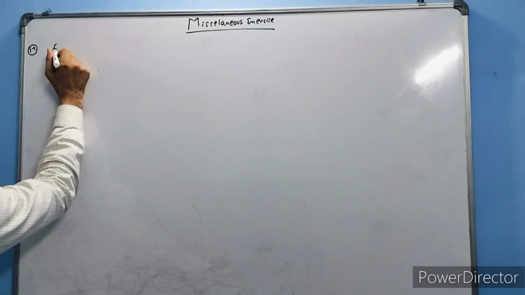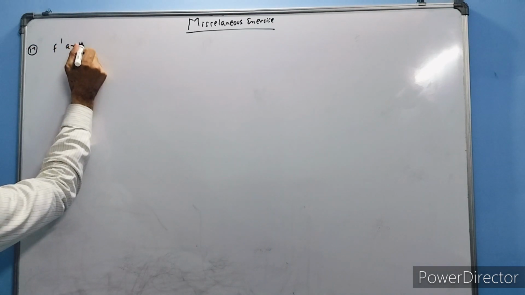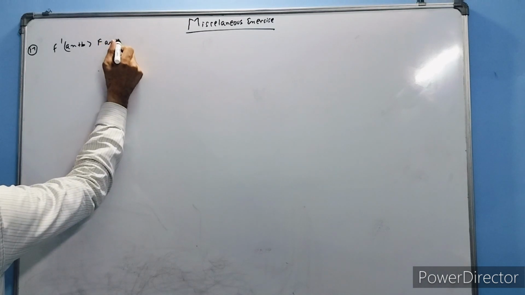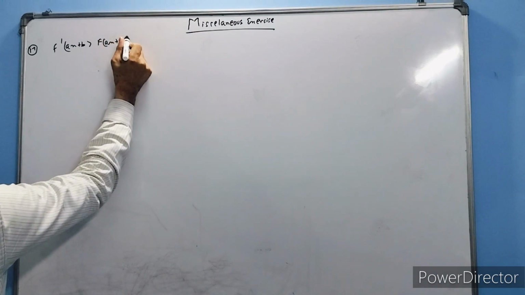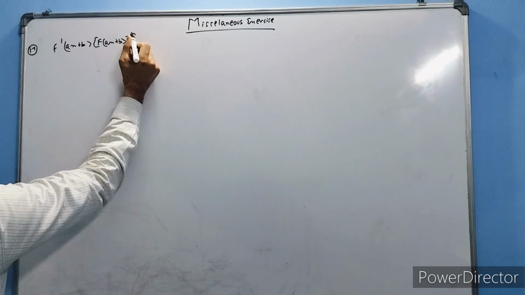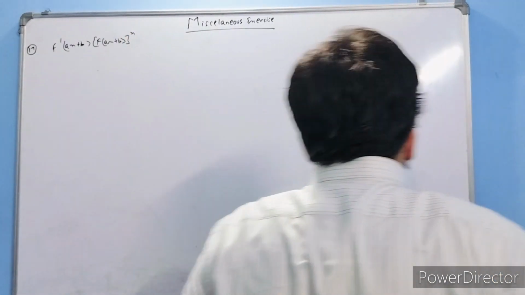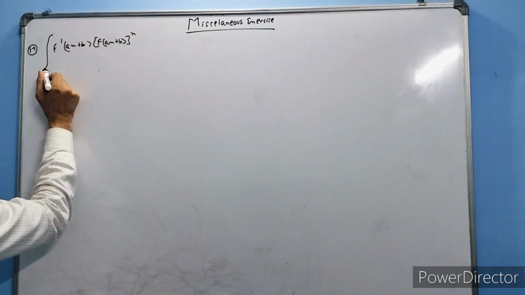This is the 17th numerical: the integral of f of ax plus b, whole raised to n, times f dash of ax plus b. So now let us try to solve this integral.